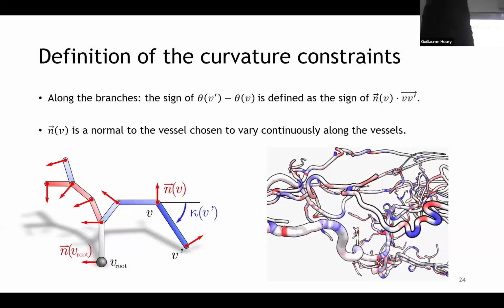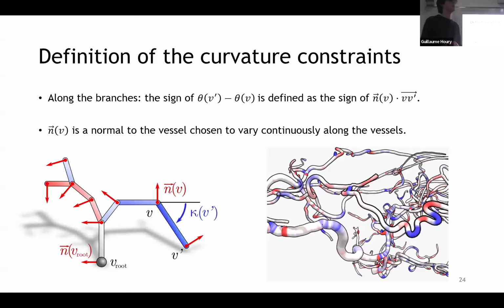And this is a fairly tricky problem, but a natural way of doing so is basically by transporting a local frame, a local coordinate system, continuously along each blood vessel by just choosing a normal of the blood vessel at one of its origin.